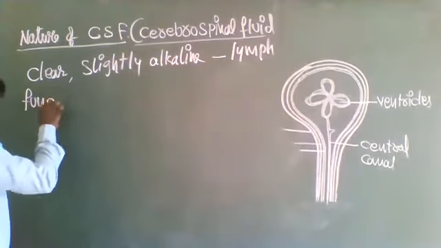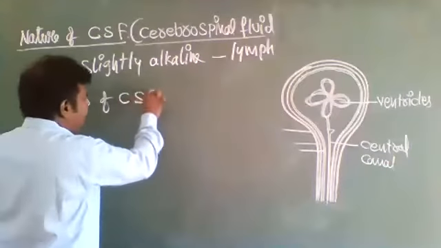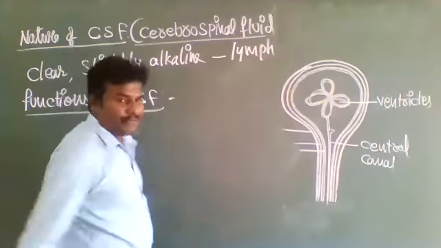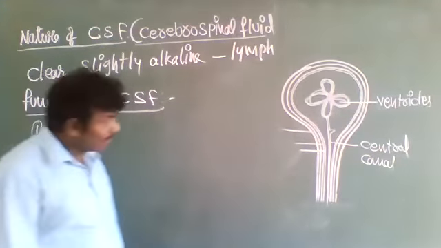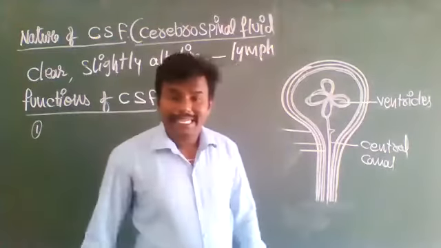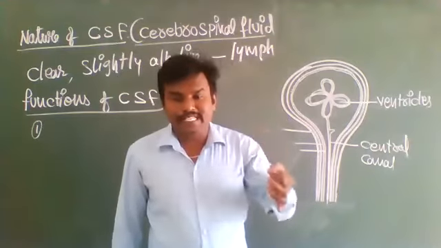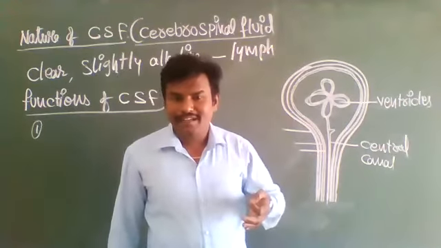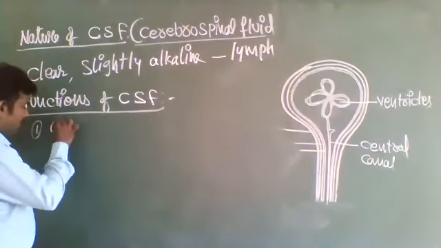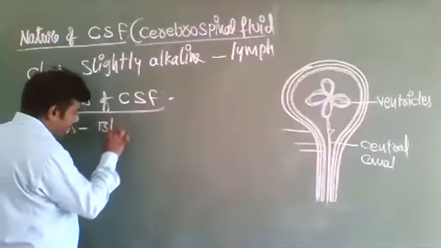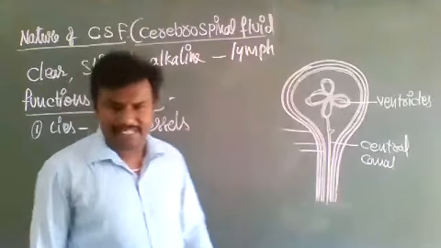Next, functions of cerebrospinal fluid. The first function: in the subarachnoid space of the brain and the spinal cord lie a number of blood vessels.